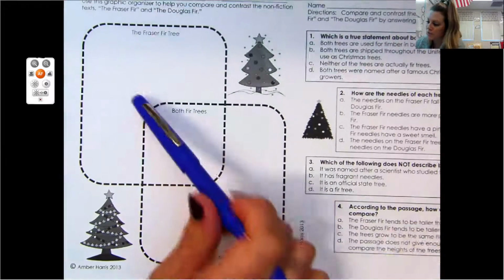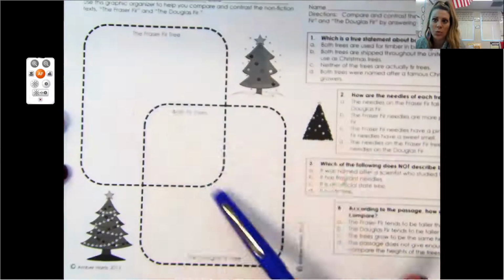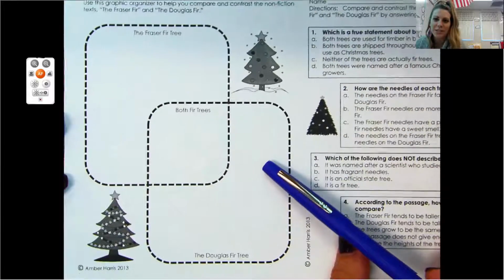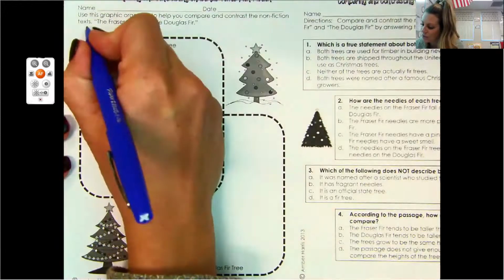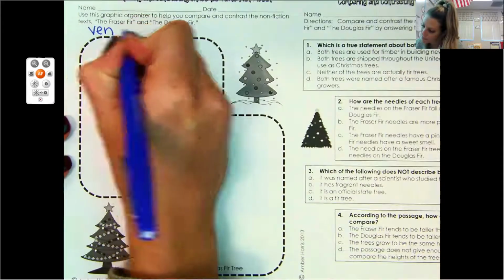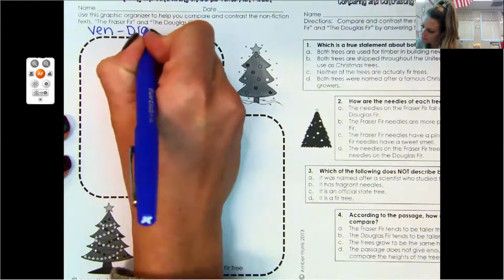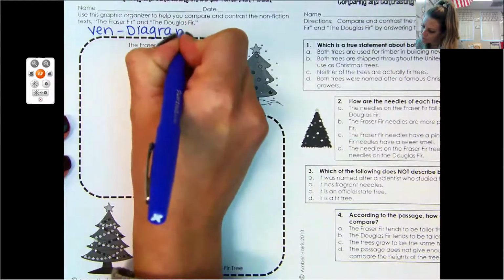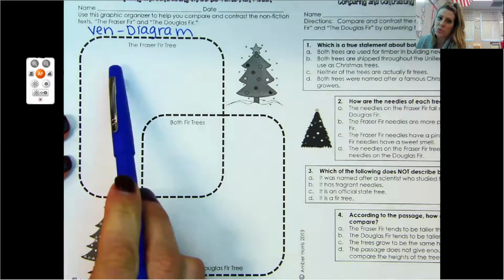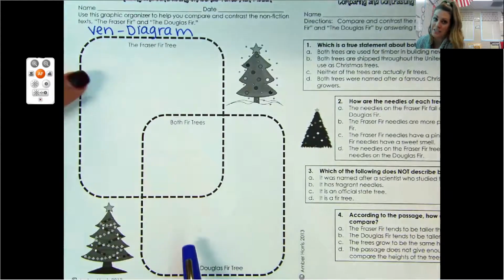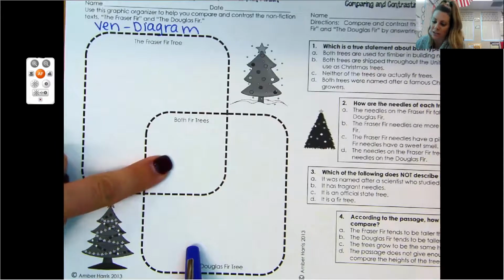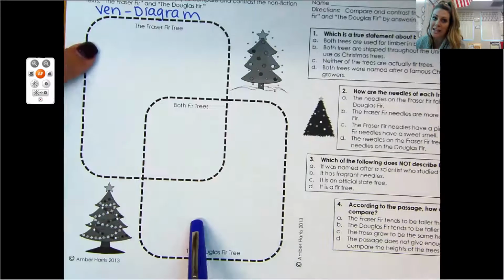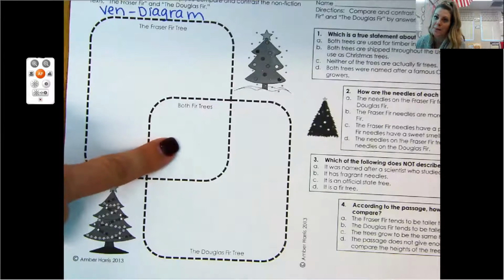Does anybody remember what this graphic organizer is called? This is called a Venn diagram. This is where we'll put all of our differences and our similarities, our contrasting and our comparing.